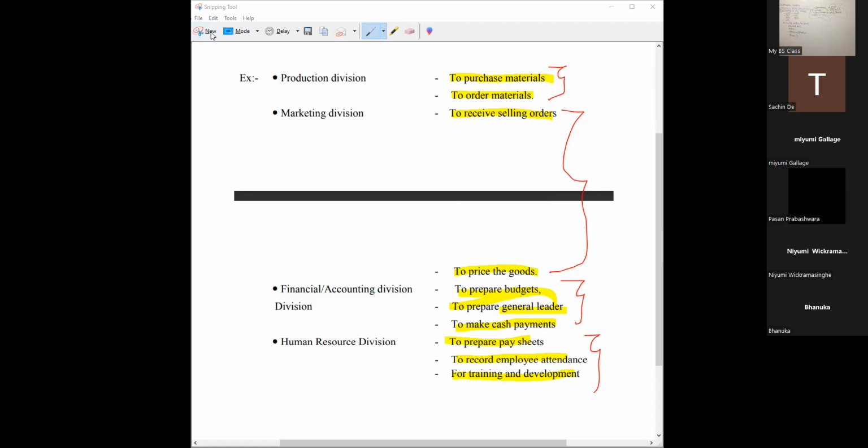So what I'll do is share a copy of this screenshot to your group as well. So in case you missed any point, you can check with that as well.